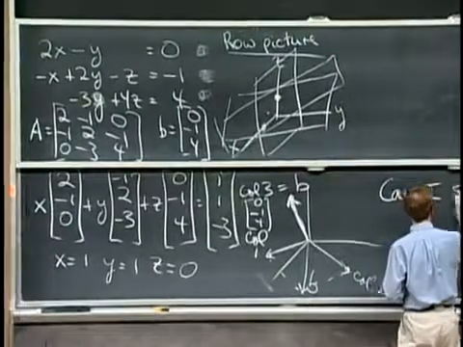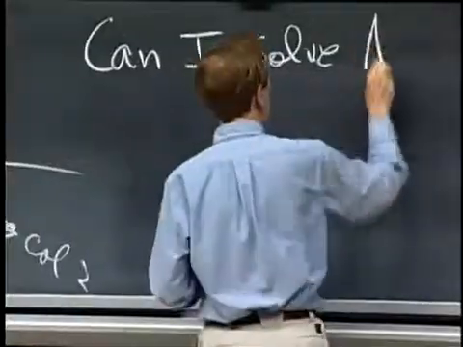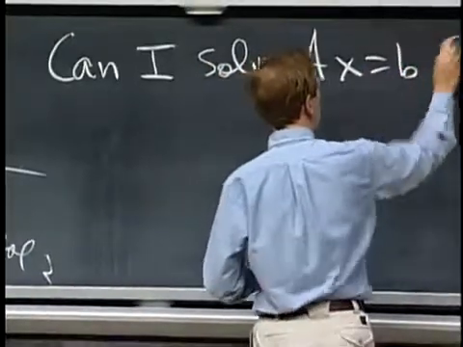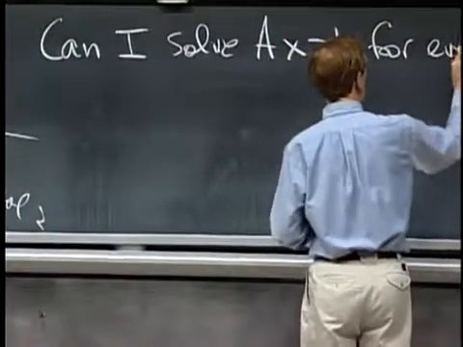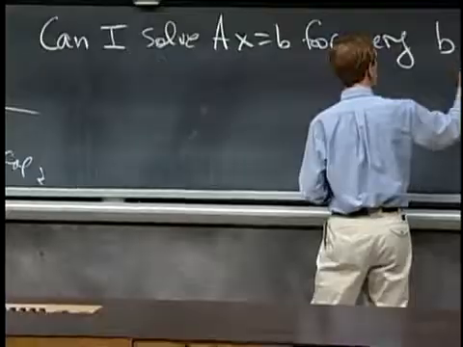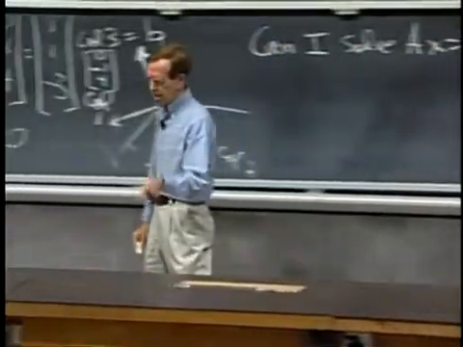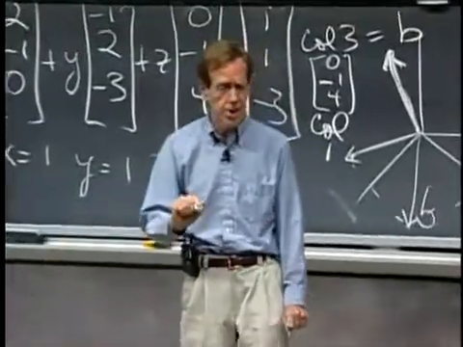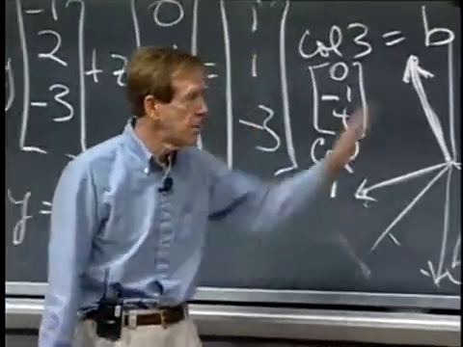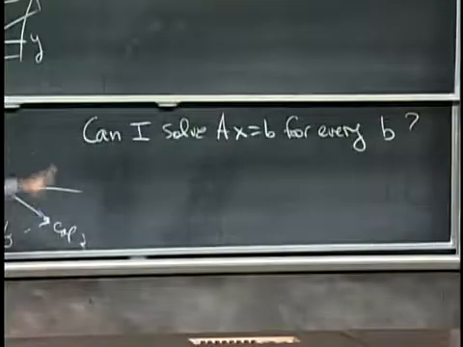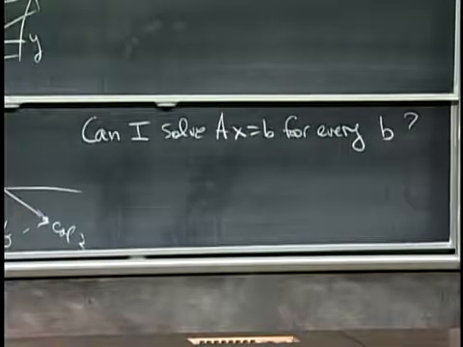Can I solve Ax equal b for every right-hand side b? I mean, is there a solution? And then, if there is, elimination will give me a way to find it. I really wanted to ask, is there a solution for every right-hand side?